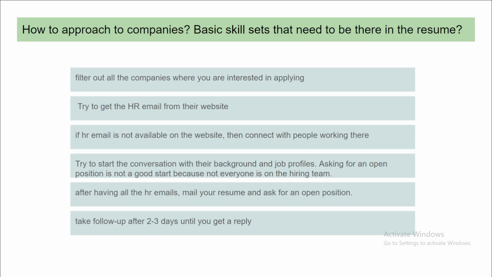After having all the HR emails, you should draft a mail and write to all the HR, adding your resume and asking for any open position. For example, if you are targeting a scientist position, you can ask: is there any open position for a scientist role?